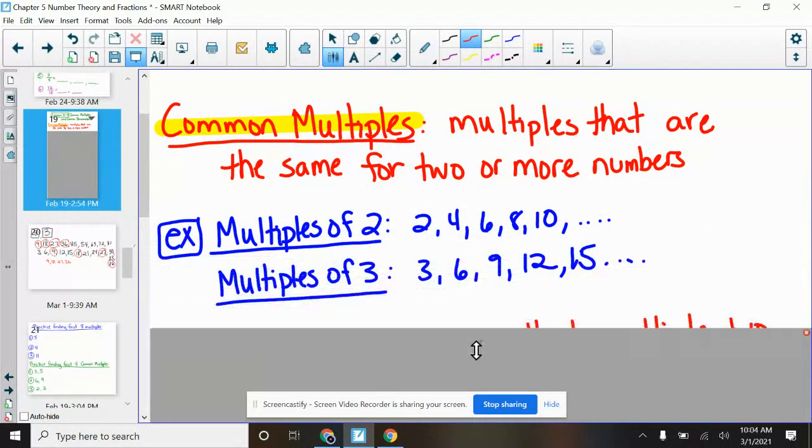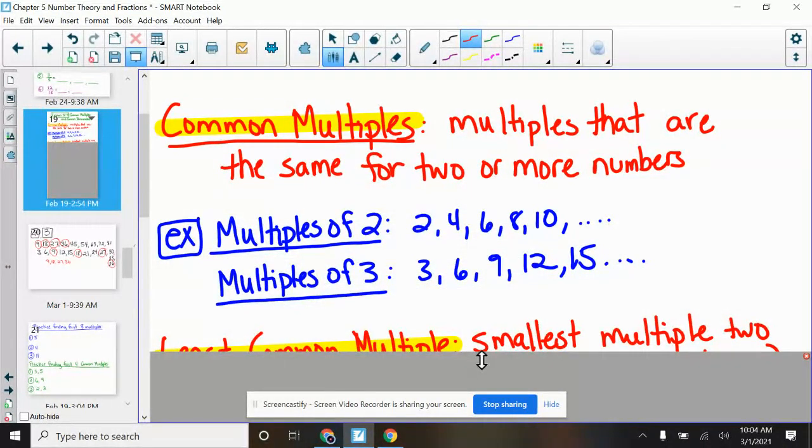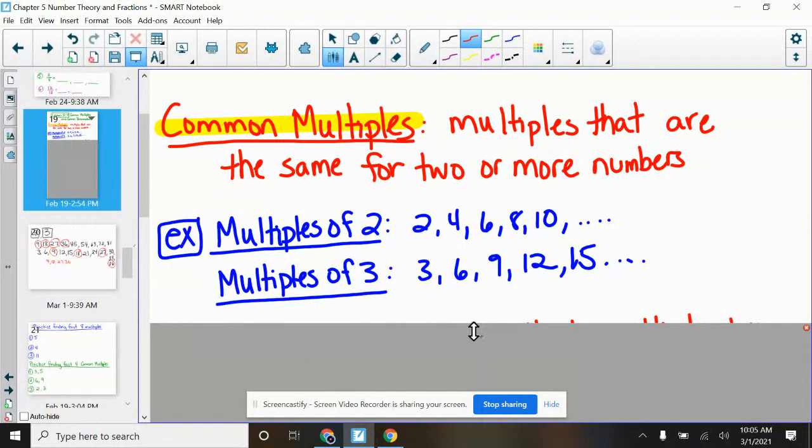And the example that I give you is 2 and 3. I listed the multiples of 2. I listed the multiples of 3. And your job is to start searching for ones that they have in common. Okay? Questions on common multiples?